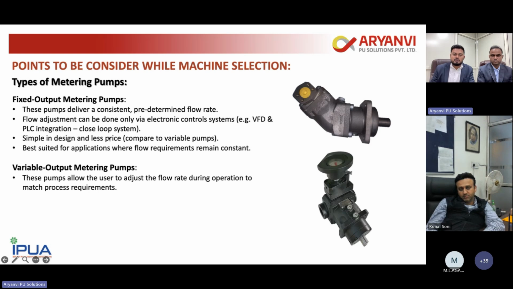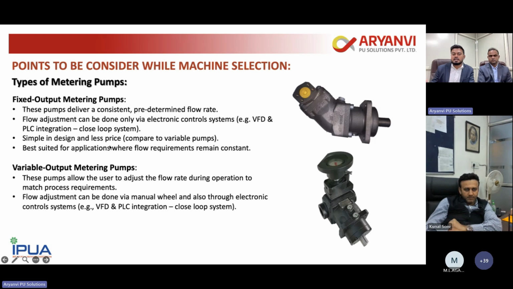Here is the advantage of the variable pump. These pumps allow a user to change the flow rate during operation to match the process requirement. As I told you, because of the variable technology, you have a bigger range to play with the output. Here the flow adjustment can be done via a manual wheel.